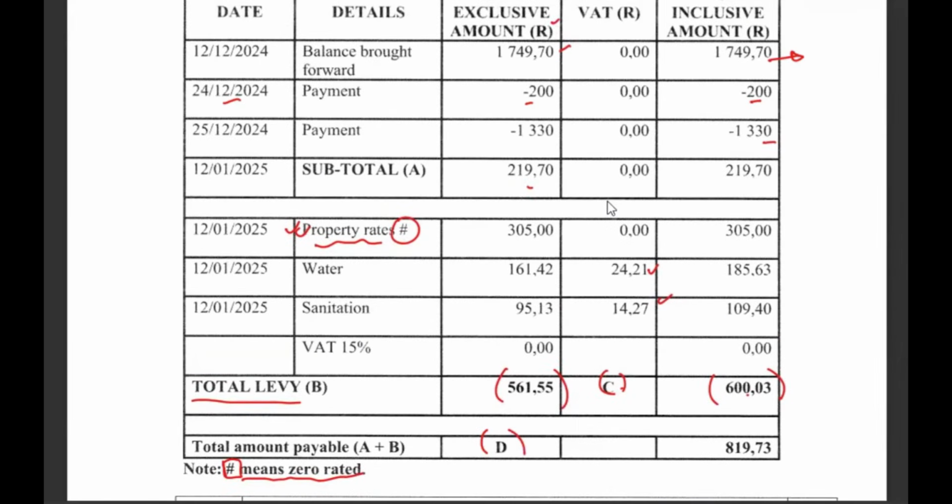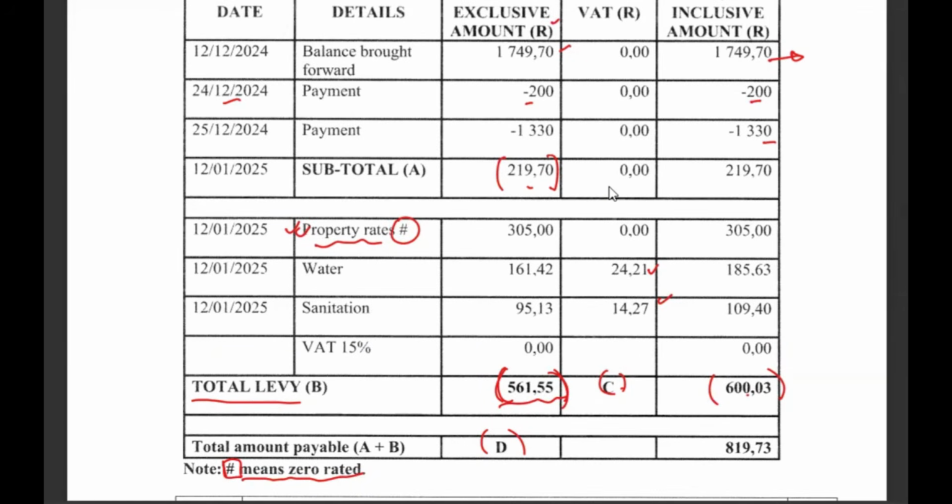The VAT exclusive total is 700 something. So there was a subtotal initially of the payment and whatever was brought forward of this much. Now in the new month, this is how much is allocated and what must be paid. So what we need to do is add these two numbers together.